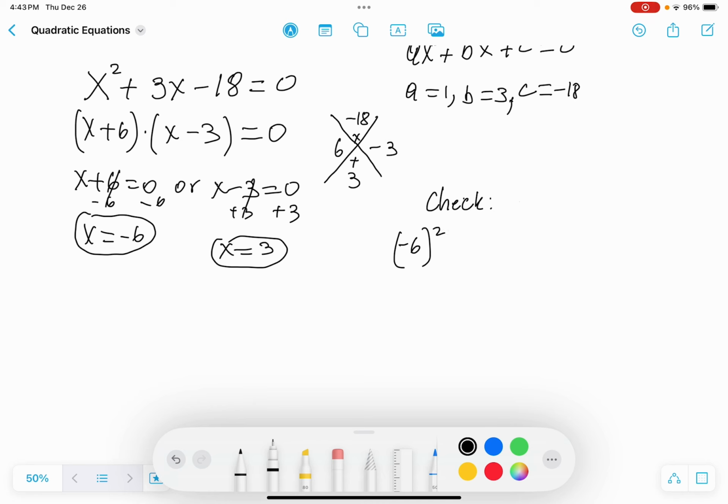Since it's a negative number, I put the parentheses because the answer will be a positive number. Otherwise, without the parentheses, the answer will be a negative number. Plus 3 times x, negative 6 for x, minus 18 has to be equal to 0. I'm checking if that will be equal to 0.